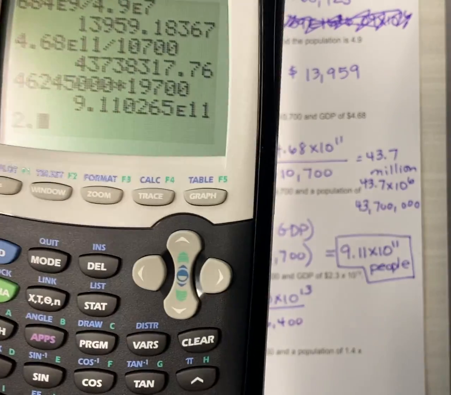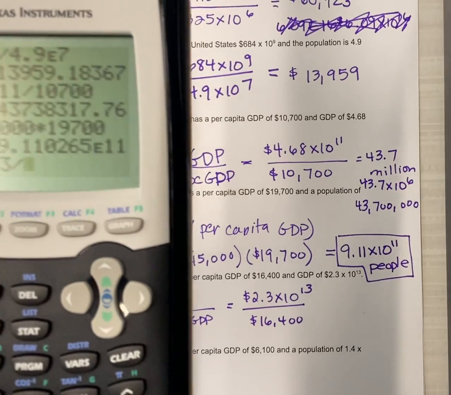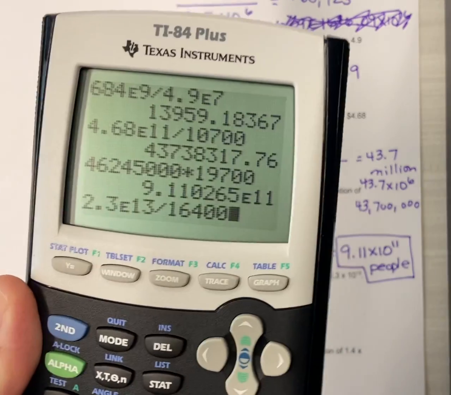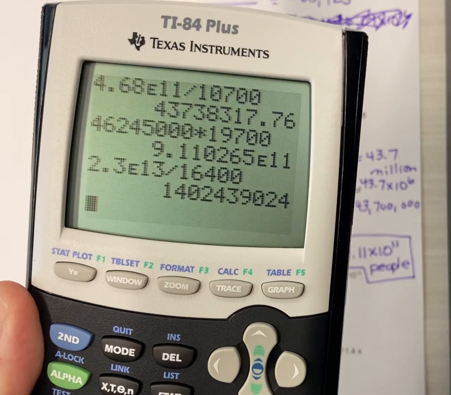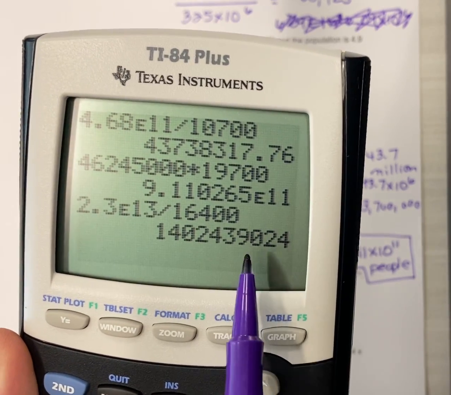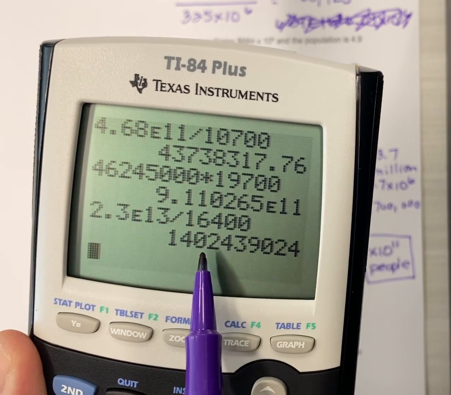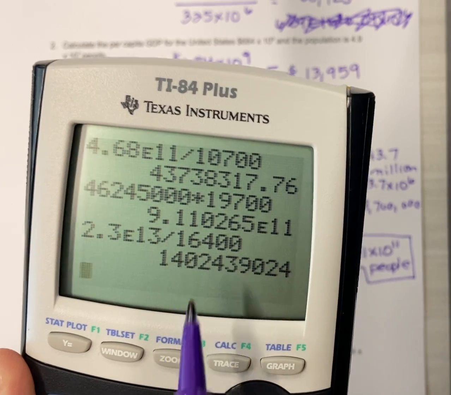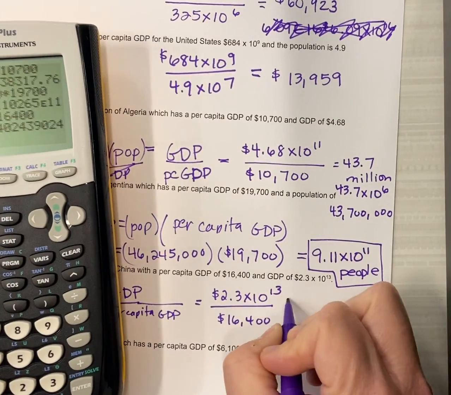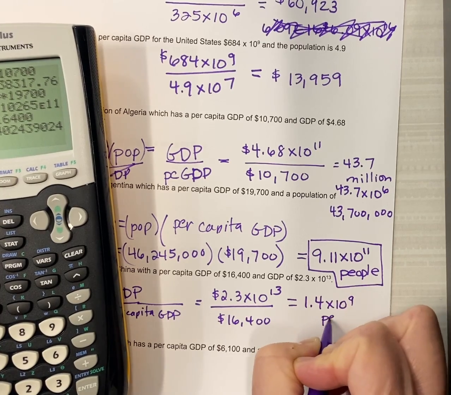So 2.3 times 10 to the 13th divided by 16,400. And I get a really big number. So what am I going to do? I'm going to say, okay, this is 3, and then 1, 2, 3, and then 1, 2, 3. Okay, so that's 9. So I'm going to write that is 1.4 times 10 to the 9 people.